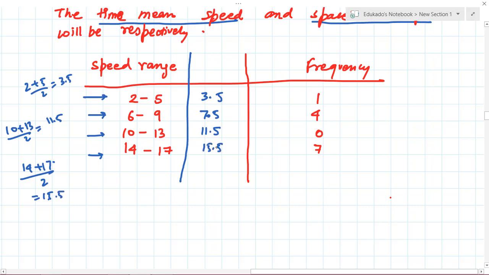I just calculated the central values because I can't use the ranges like this. Now what I have here are the velocities: v1, v2, v3, and v4. At the speed of v1, only one vehicle was moving, so this is like a flow. I can call them q1, q2, q3, q4.